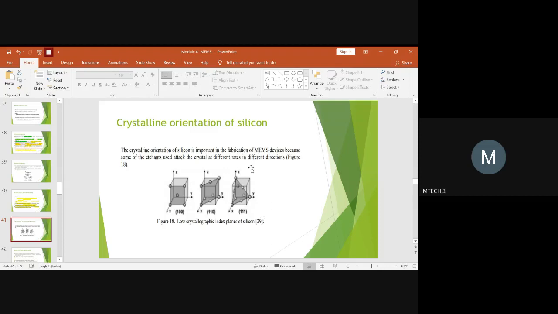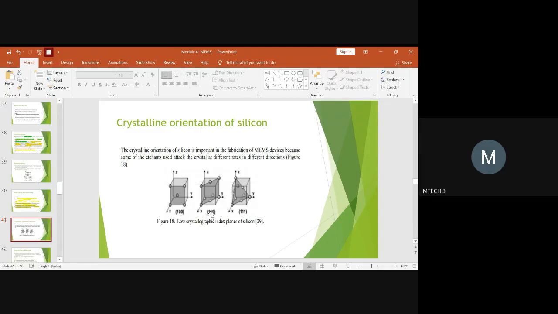When you go for the crystal structure of silicon, you can check the orientations across the given plane. As per the lattice, this is the crystal structure of the 100 plane. This is how the silicon crystal looks at the 100 plane.